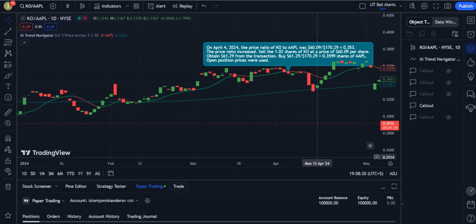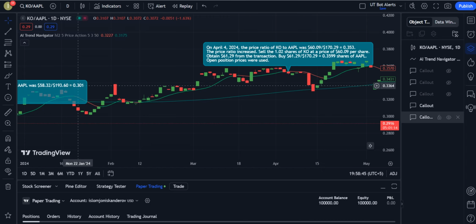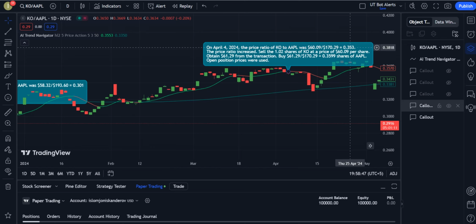So the price ratio has increased from the previous transaction, because on December 22nd, 2023, the price ratio was 0.301, and here on April 4th, 2024, the price ratio is 0.353.